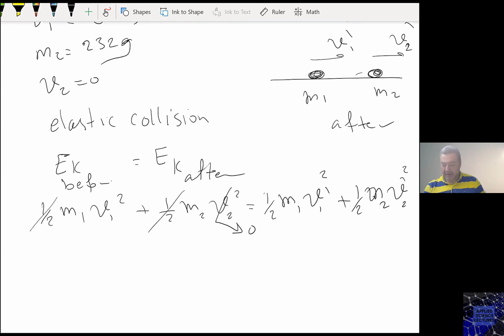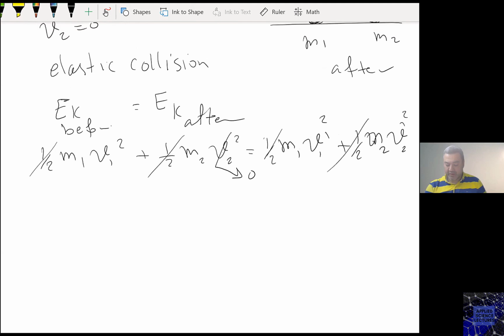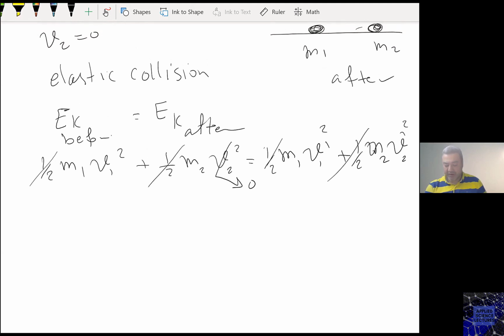I can cancel the halves, and then rewriting this equation in a different way, I will divide by M1, so I have V1 squared. This is 0, equals V1 prime squared plus M2 over M1 V2 prime squared.